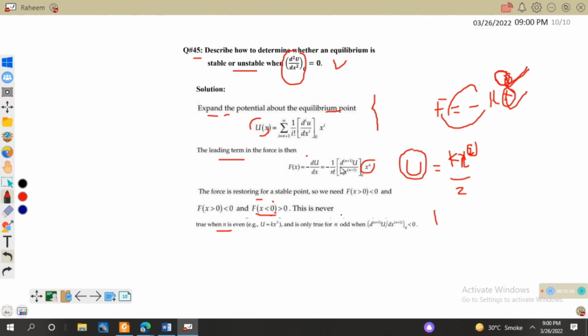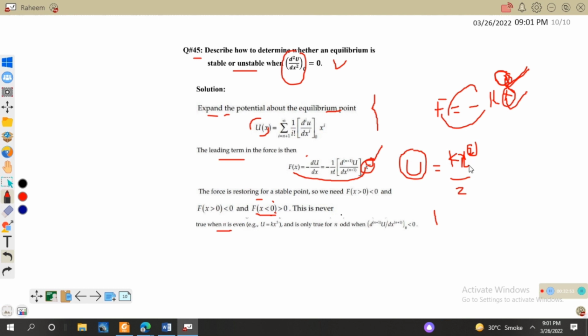So here F of x is proportional to x to the power n, where n is the power in the force. If this n is even, our body is not at its stable equilibrium. If this n, the power of displacement in the expression of force, is odd, our body will be in stable equilibrium.